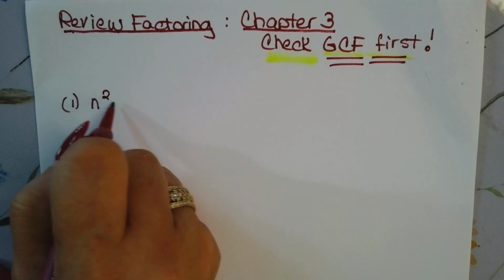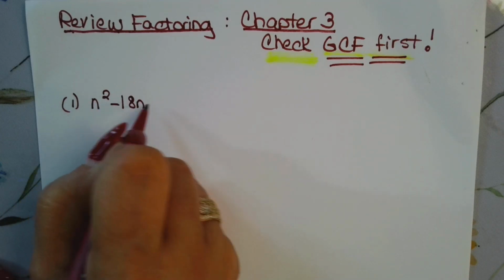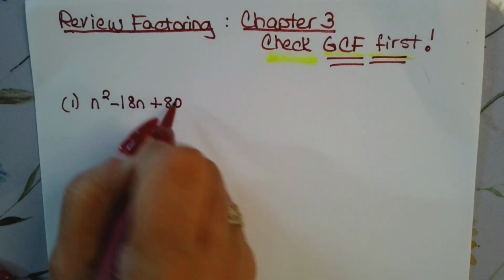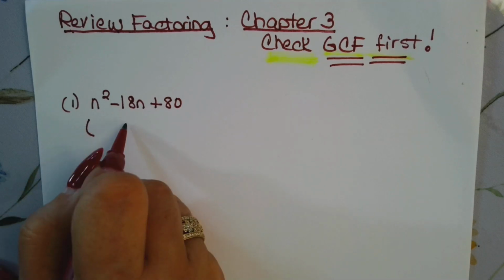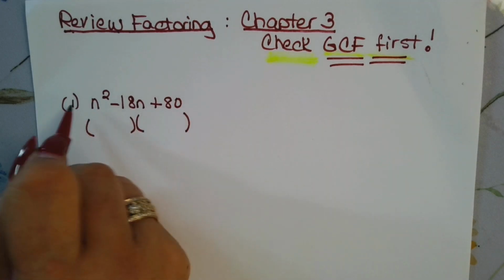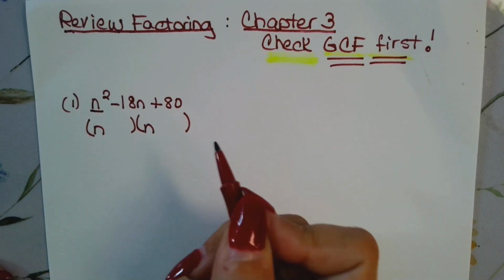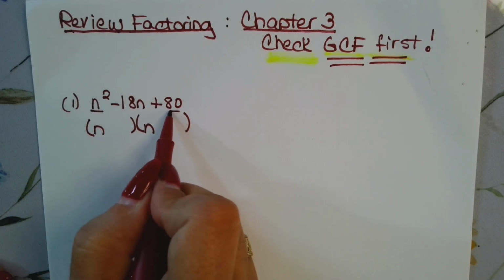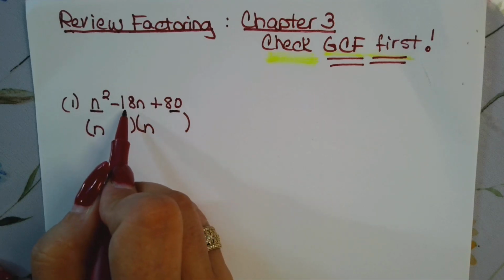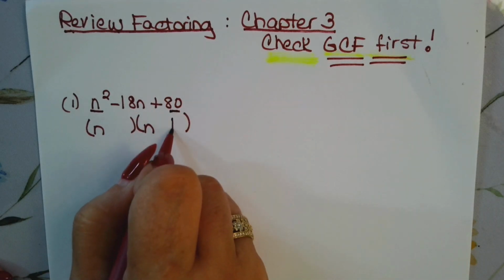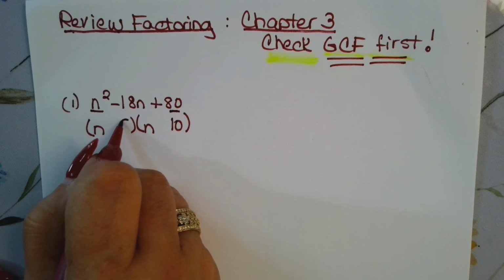We have n squared minus 18n plus 80. We're going to go ahead and factor this. So factors of n squared are n and n. And factors of 80 that add up or subtract to 18, that's going to be 10 and 8.